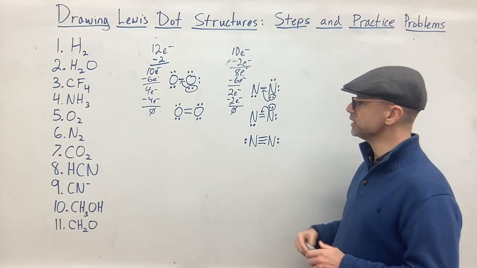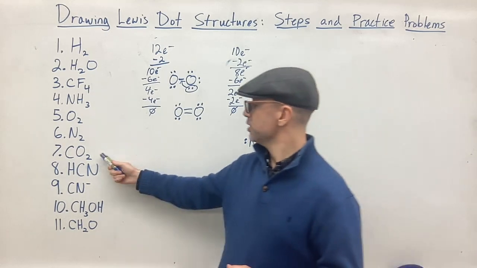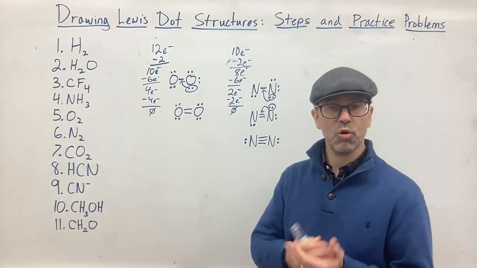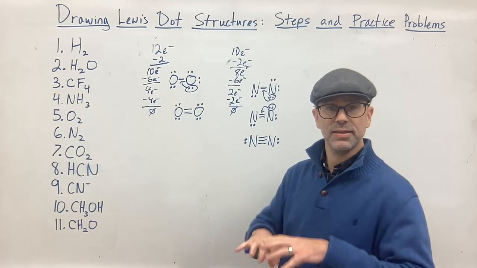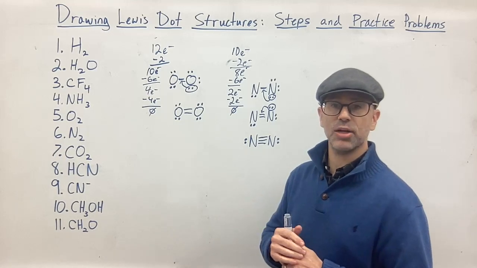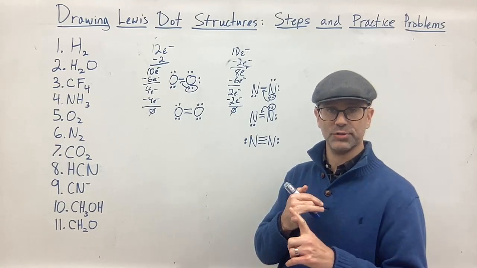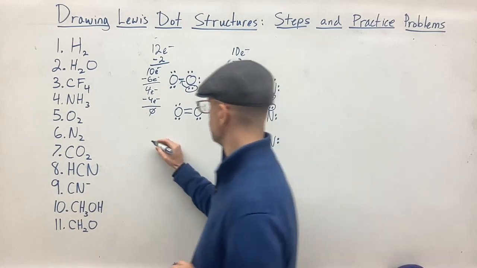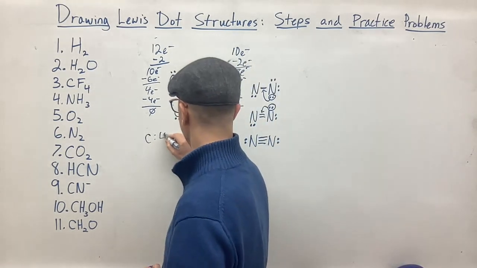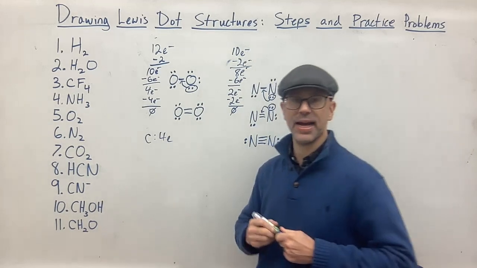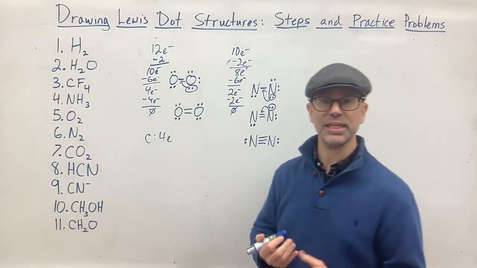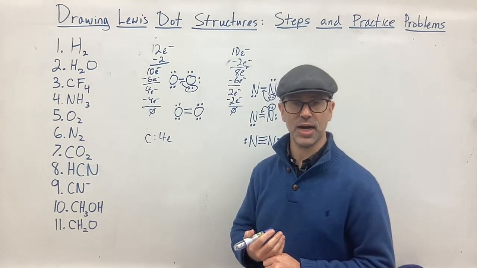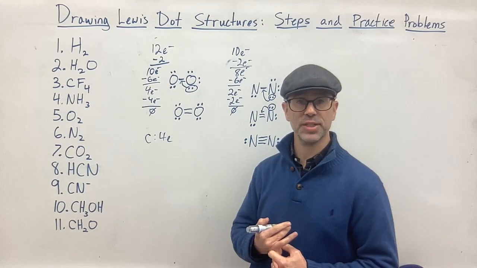Okay, what about CO2, carbon dioxide? So first step, add up all the valence electrons in your molecule. Carbon has 4 valence electrons because it's in group 4, and I have 2 oxygens. Each oxygen has 6 valence electrons because it's in group 6.